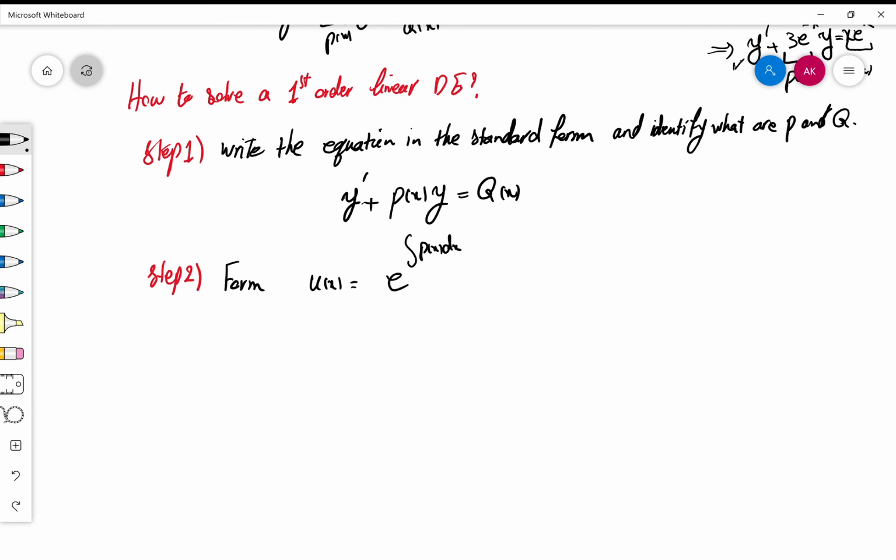You put it in the exponent of e. That is what we call the integrating factor of the equation.